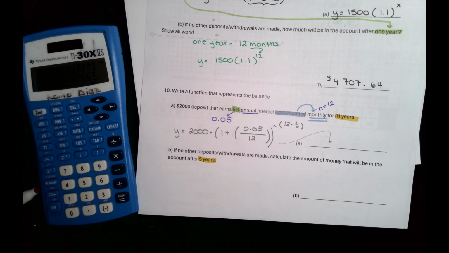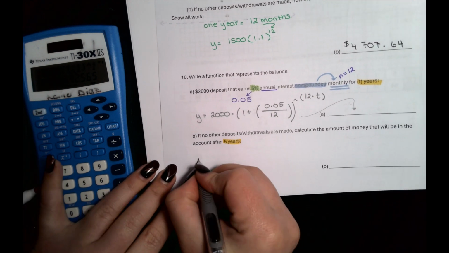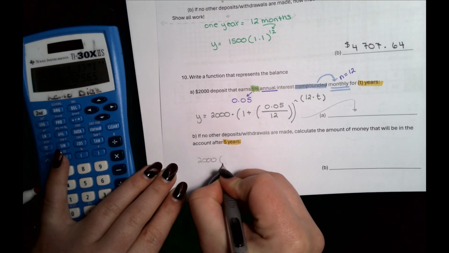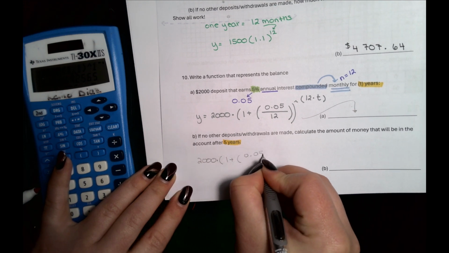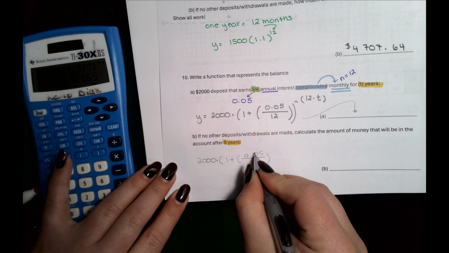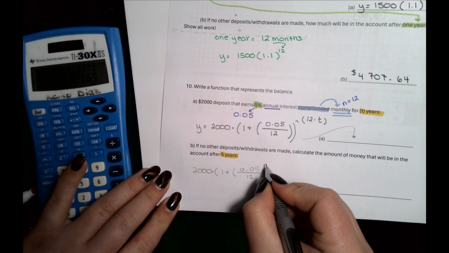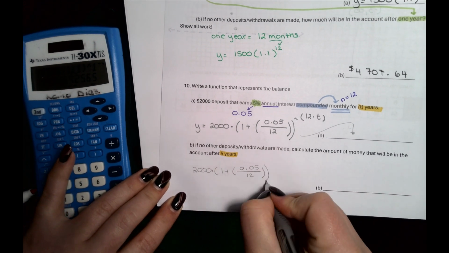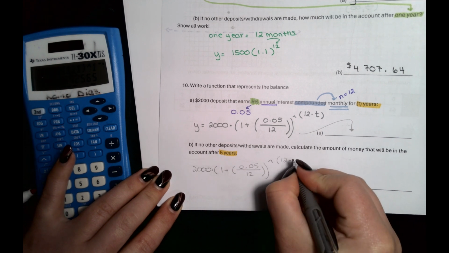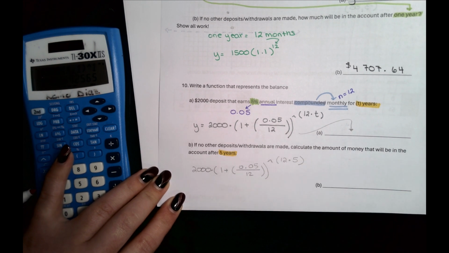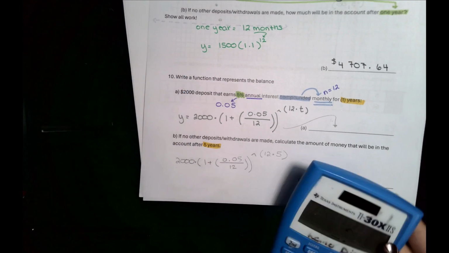So you're just going to take this formula, put in 5 for your t value, and type into the calculator. When you type into the calculator, make sure you have double parentheses around this fraction, and your exponent also has to be in parentheses. So lots of things to put parentheses around.